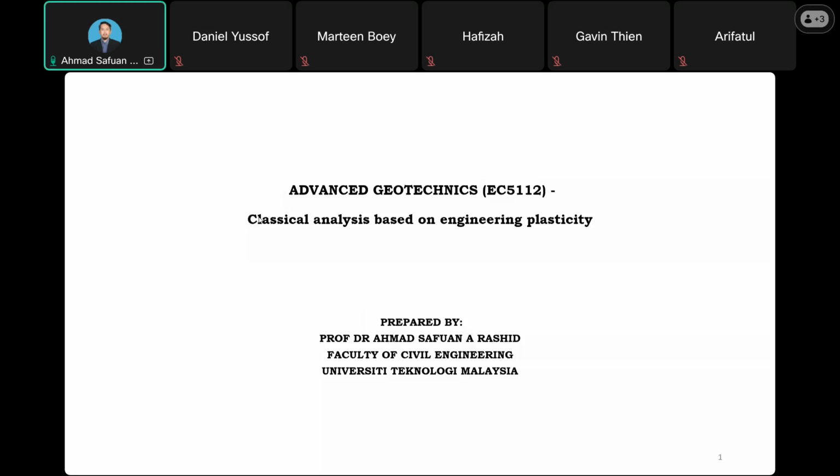Okay, for this week, we will discuss the classical analysis based on engineering plasticity. I will give some brief introduction, then we may have a basic understanding of soil mechanics.